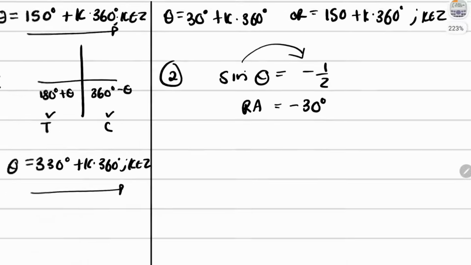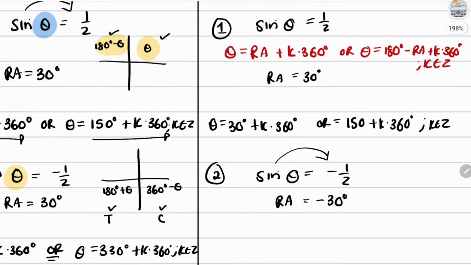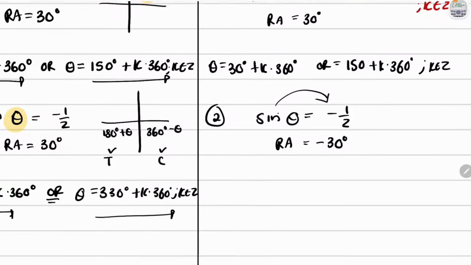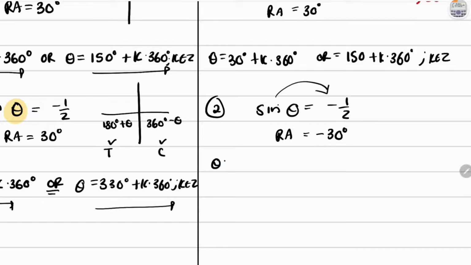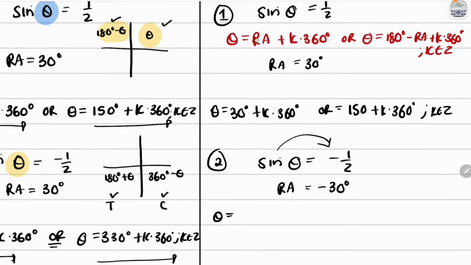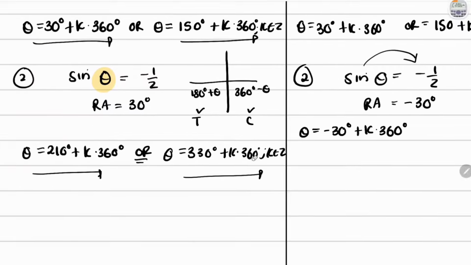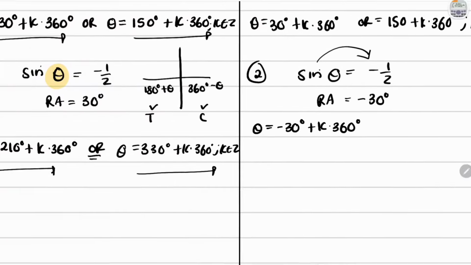So remember, with the quick method, or the method that I like to call the quick method, you're always going to use these two as your solution for sine, as long as the function you're using is sine. So we have theta is equal to, and we're going to use that, our reference angle, which is negative 30 degrees, then plus k of 360 degrees. We'll come back to that, and you'll see how it will still look like the solutions we have here.